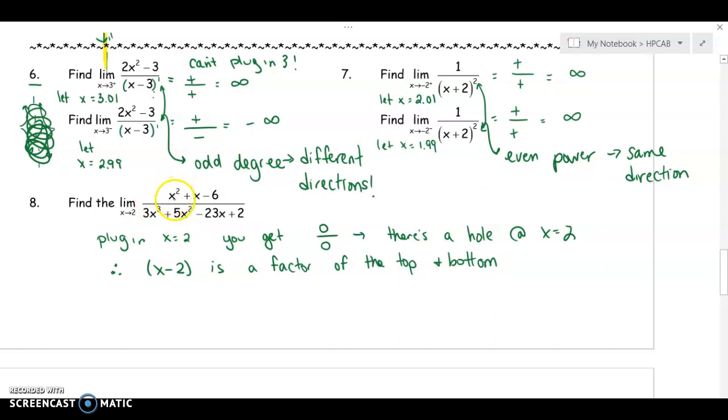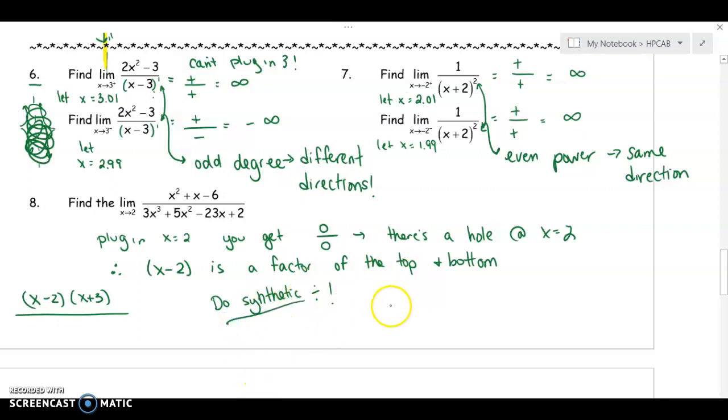The numerator also factors much more easily than the bottom. All right, if you factor the top, you're going to have x minus 2 times x plus 3. The bottom, no idea. But we do know that x minus 2 is a factor, so what we're going to do is go way back to something that we did a while ago, and since we know it's a factor, we're going to do synthetic division.